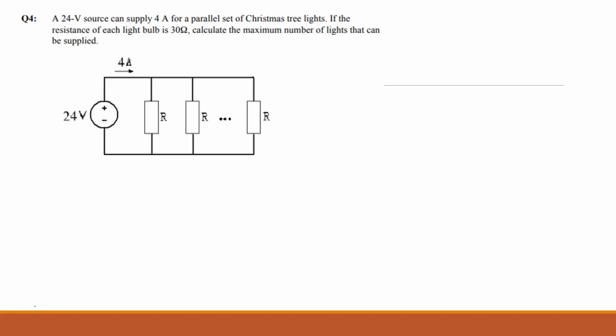How did you go with this? Yeah, I got 5 bulbs. Okay, let's see. If you want to make an equivalent resistor for parallel, this is how you do it. Do you agree?